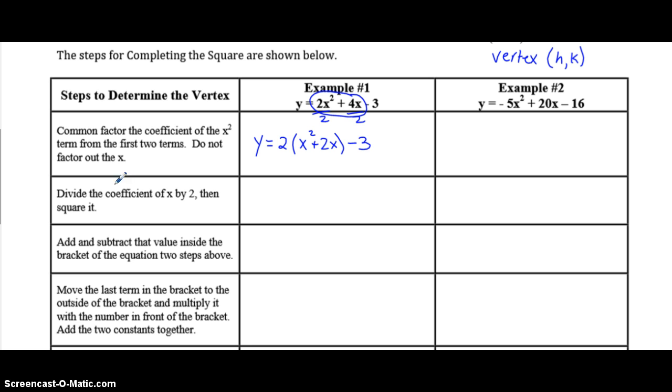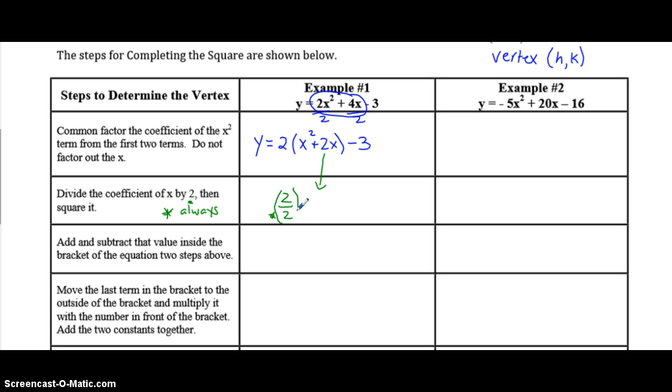The second step is we have to take the coefficient of the linear term, which is this right here. We have to take that number, we have to divide it by 2, and it's always by 2. So this number is not always a 2, but this number is always a 2.